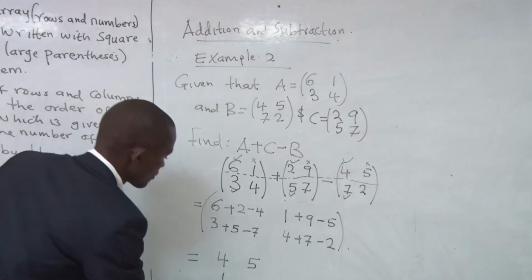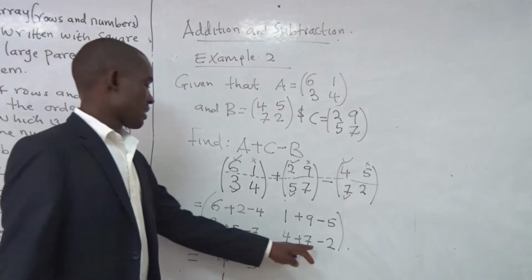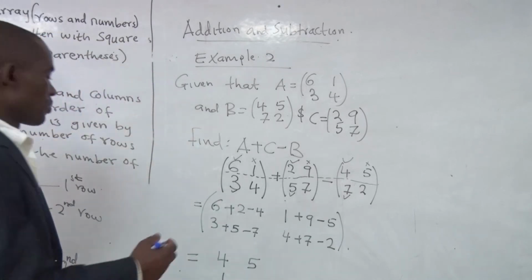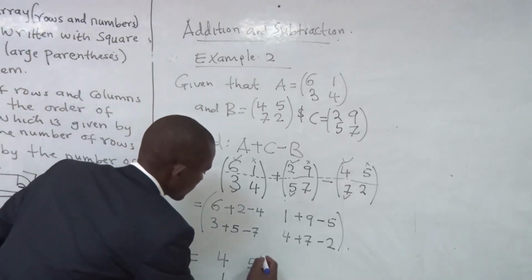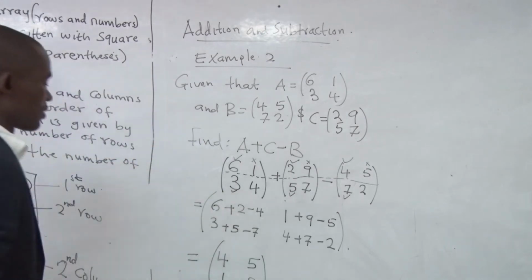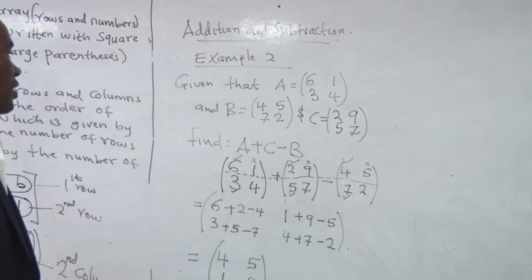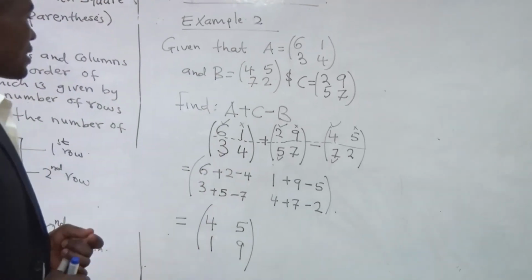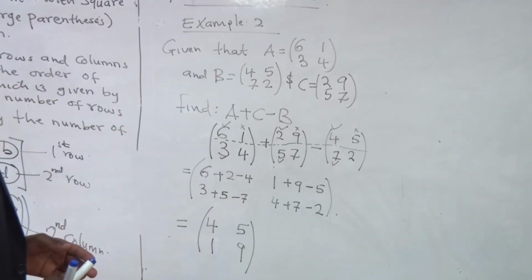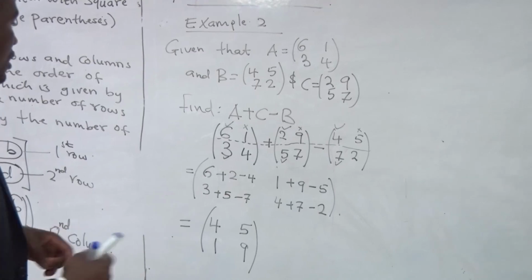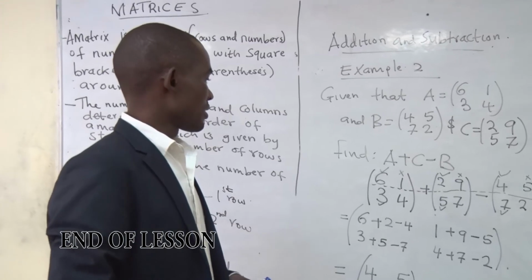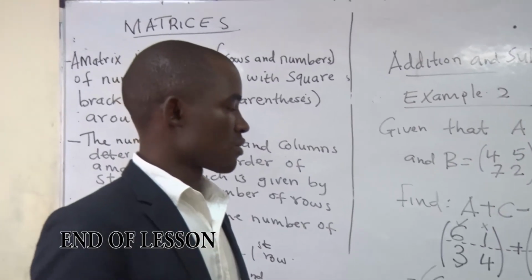So you will have to write 1 there. 4 plus 7 is 11. 11 minus 2, you will get 9. So that is the result after you have combined the three matrices. Basically that is what is going to happen once you do those additions and subtractions for that particular case. I think for that particular case we will stop there.